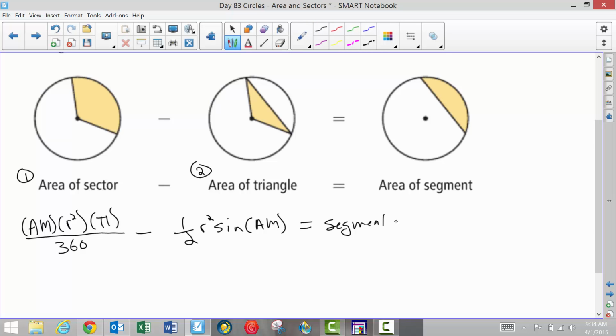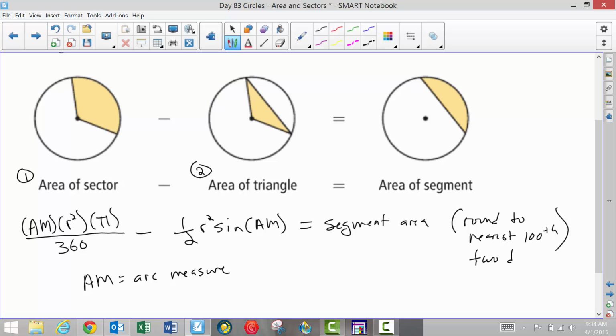And remember, AM is going to equal your arc measure. So segment area, you're going to round to the nearest hundredth. So that would be 2 decimals.